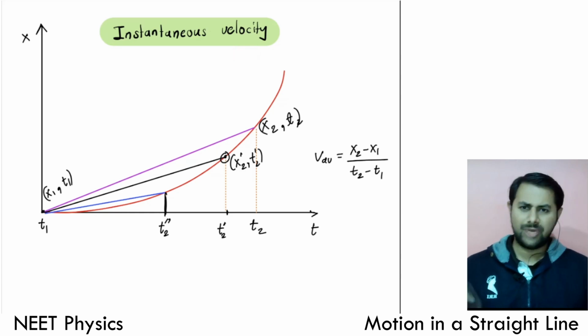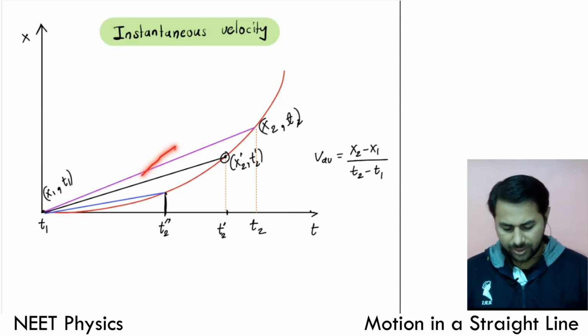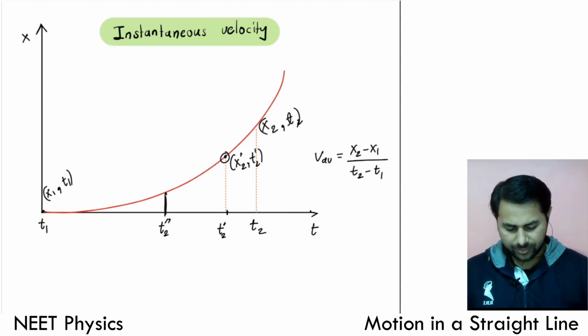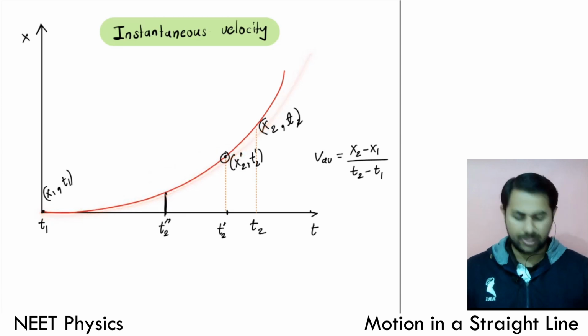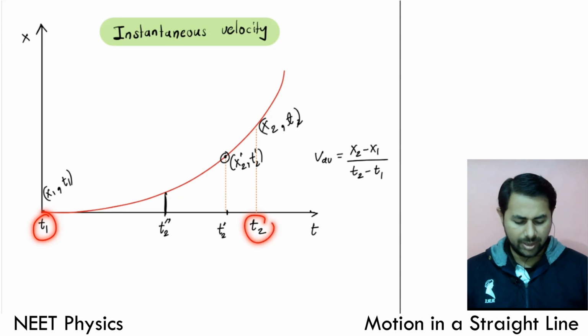Once again, we had discussed this when we discussed mathematical methods, right? Suppose this is the position versus time graph, and it looks like this one. I want to find out the velocity of this object from time t1 to time t2.